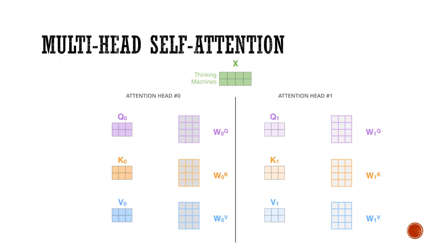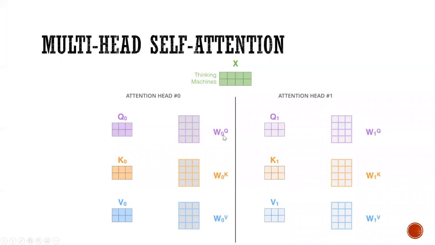To handle that, people use multi-head attention, which basically is just a different transformation matrix. In one possibility, you apply this matrix, and in a different attention head, you apply a different transformation matrix.